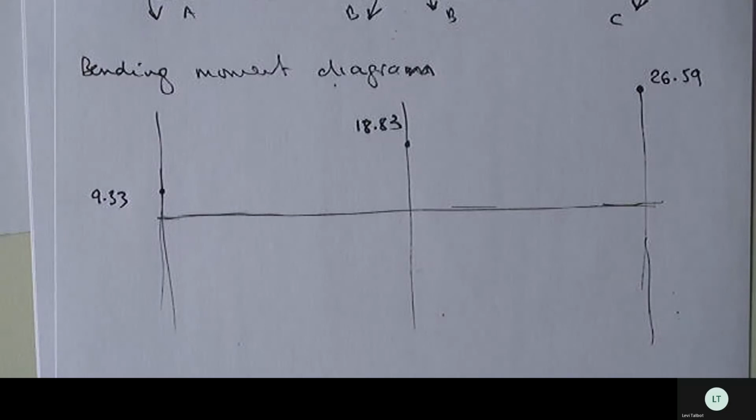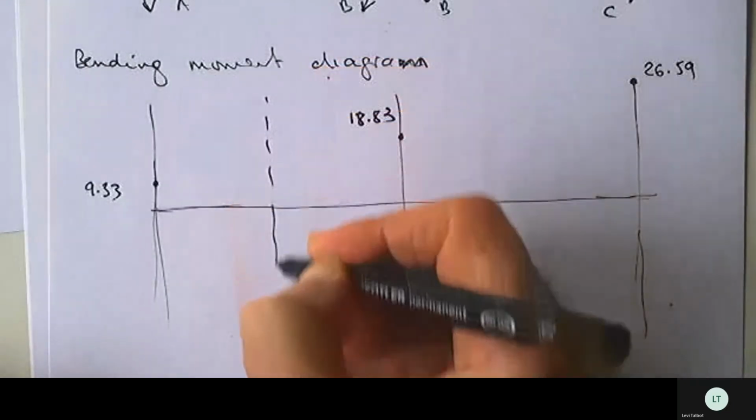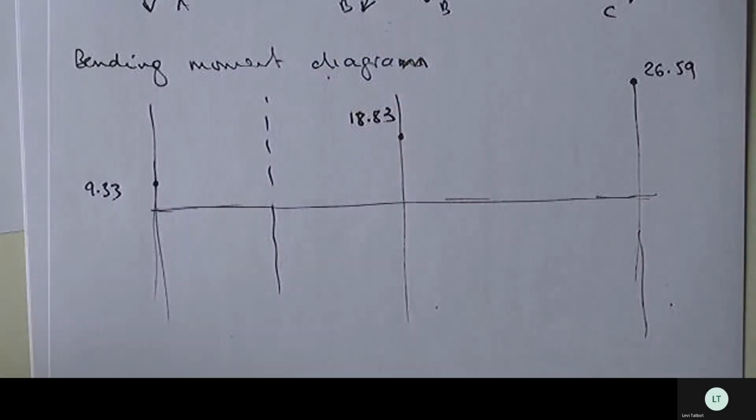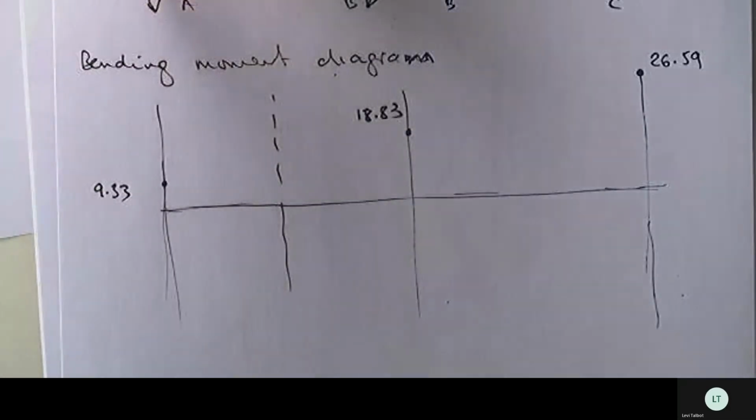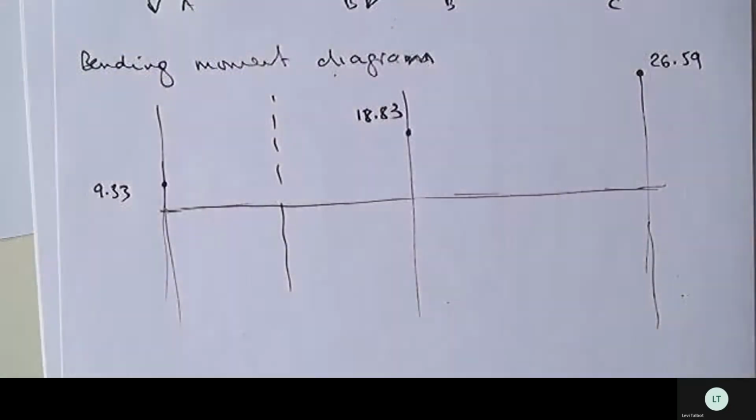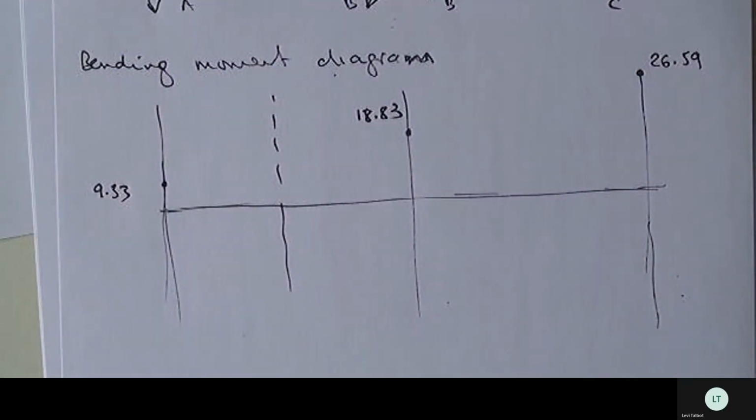Now, how do I join these points together? We have a concentrated load on AB. If you have a concentrated load, what is the shape of the bending moment diagram? Constant, linear, parabolic?